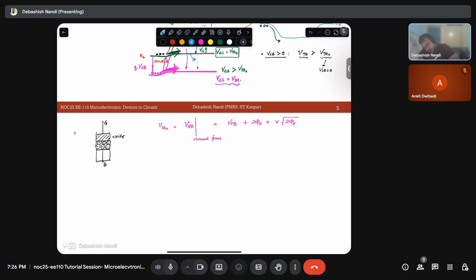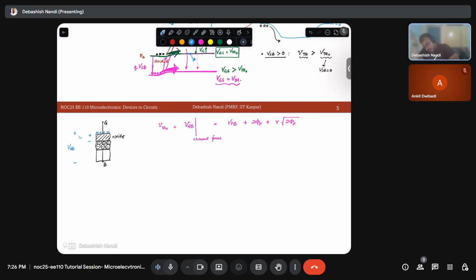So this total value is your VGB. All the charges are present at the metal interface. So a potential drop will happen across the oxide. So this is called your oxide drop.